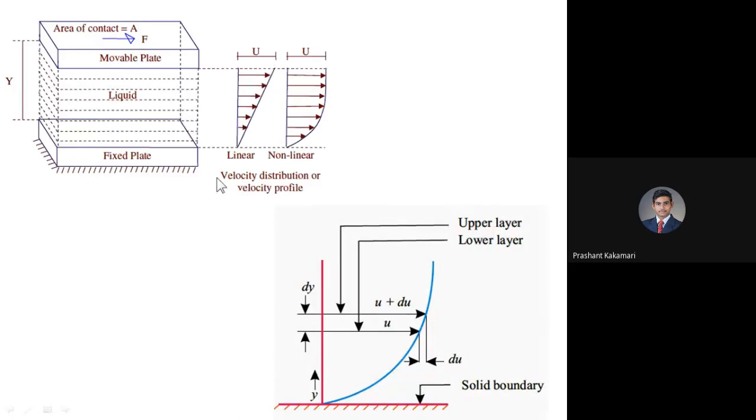And the fixed plate which is kept at the bottom, and the layer of the liquid which is in contact with the fixed plate, we assume that is in a stagnant state itself. And how the in-between liquid layers behave is very important. Once I move the plate in the forward direction, it may behave in a linear way or in a non-linear way. It depends on the liquids.